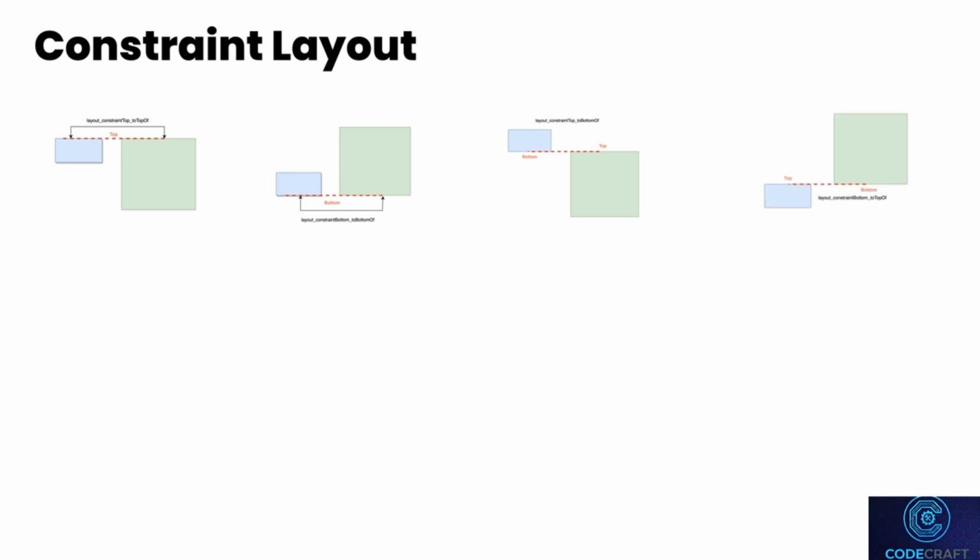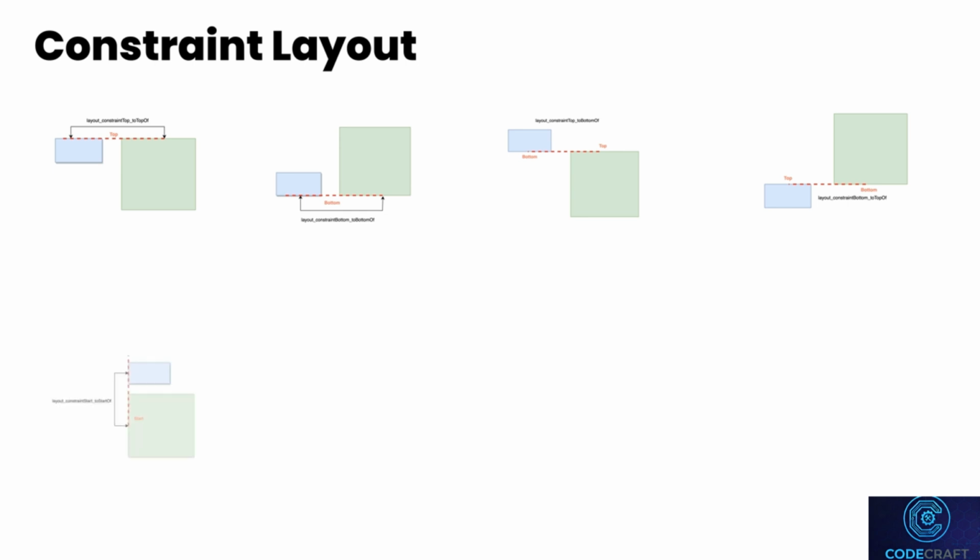Another view constraint is layout constraint bottom to top of. This constraint tells that the bottom of the source view should be the same as the top of the target view. As shown here, the bottom layer of green and top layer of blue views are in the same vertical position.